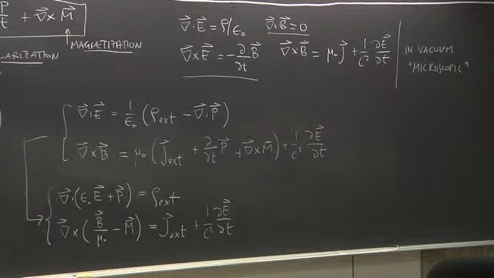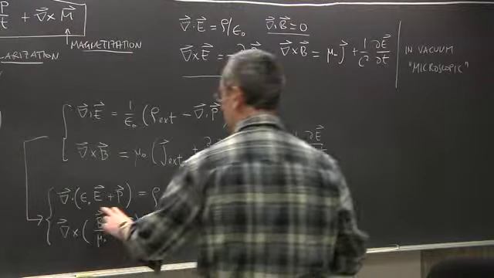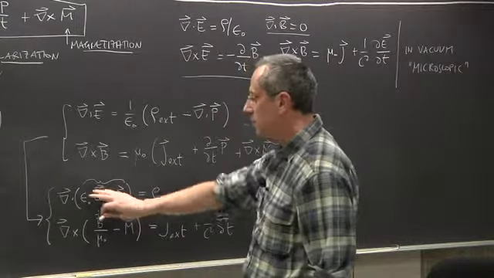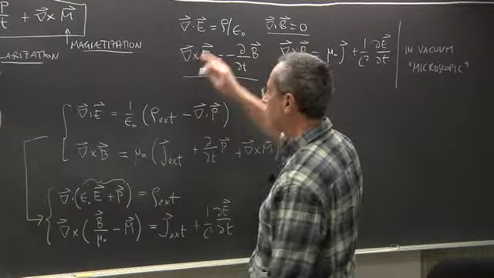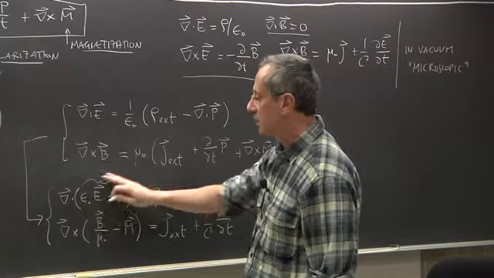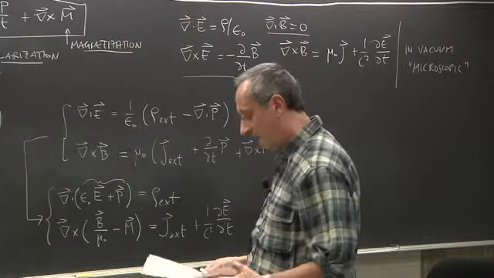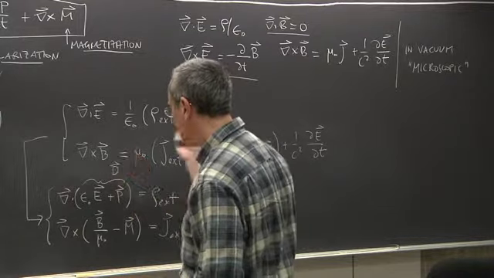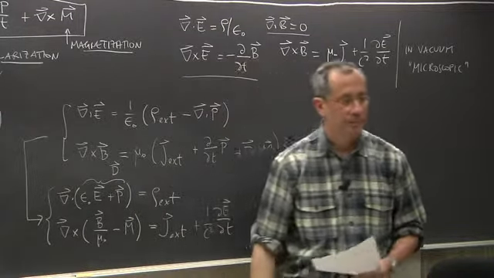This quantity here, I can give a name to it because you see that it is this quantity rather than just the electric field that appears everywhere. So I may as well give a name to this, and it's called D. Don't ask me why D.